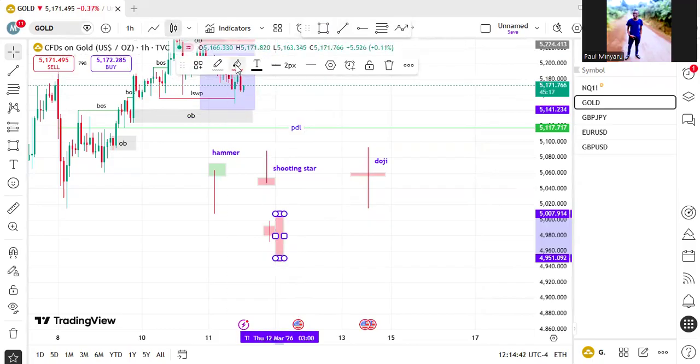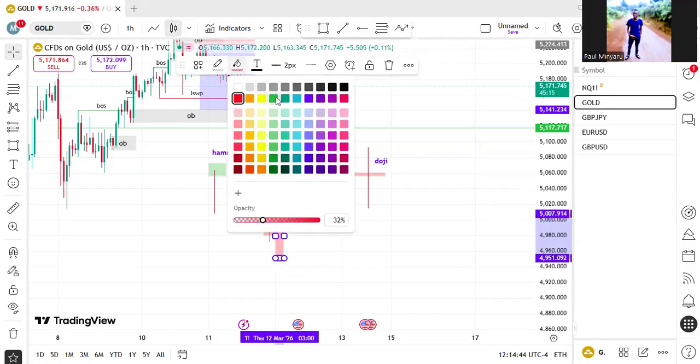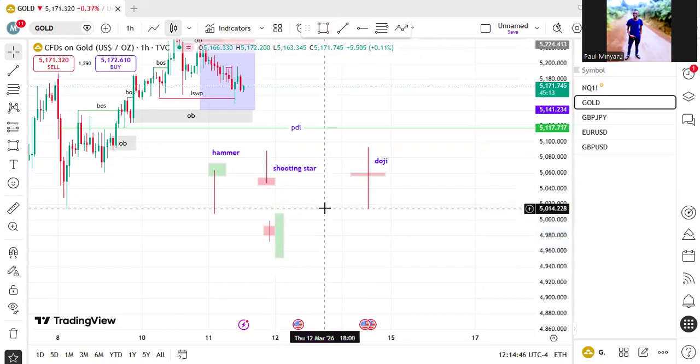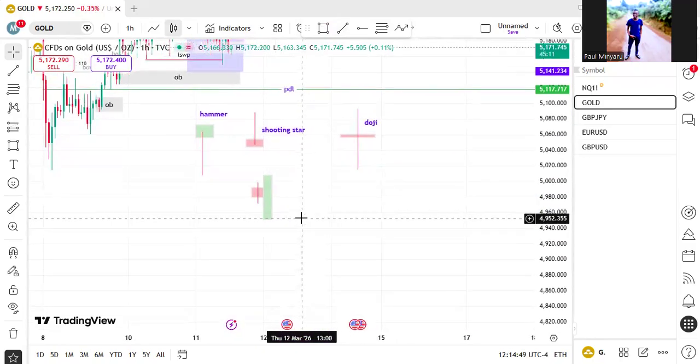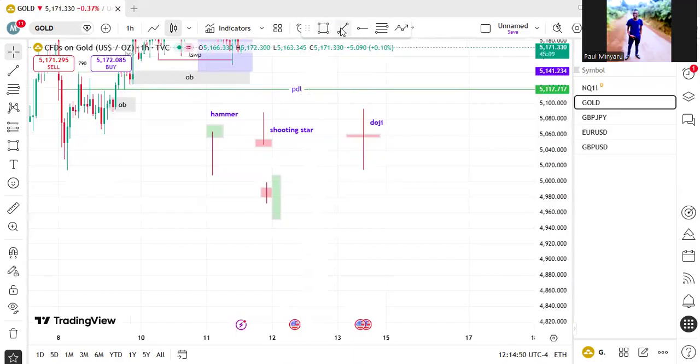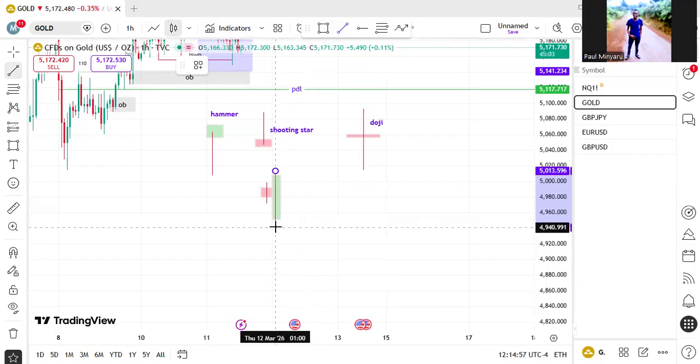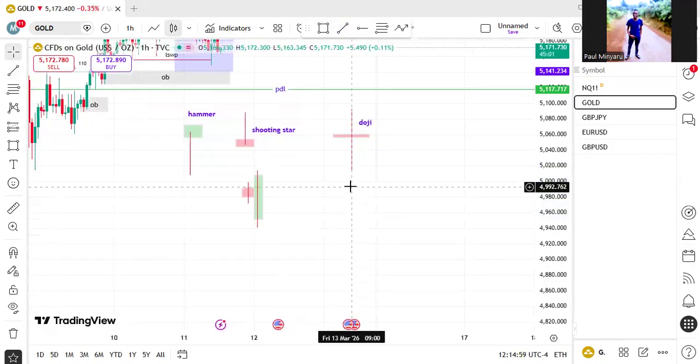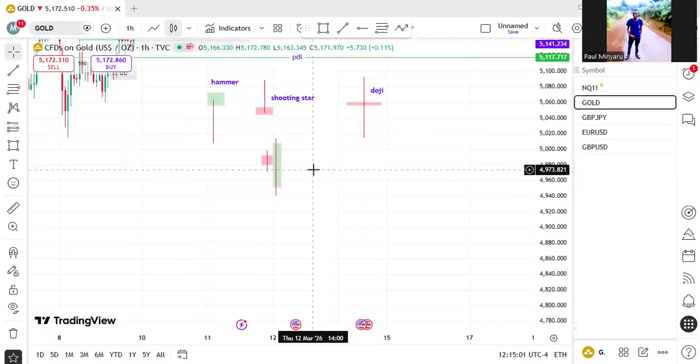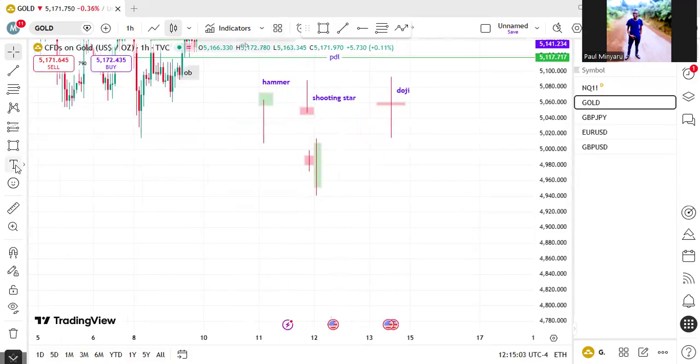The market might shift from a downtrend to an uptrend. Okay. This is how what we call a bullish engulfing pattern looks like. This second candle has been covered by this candle.